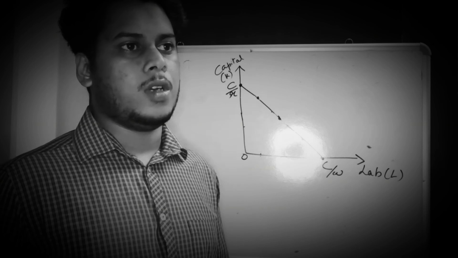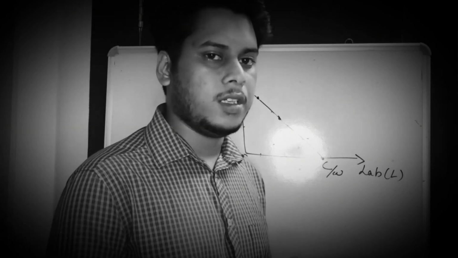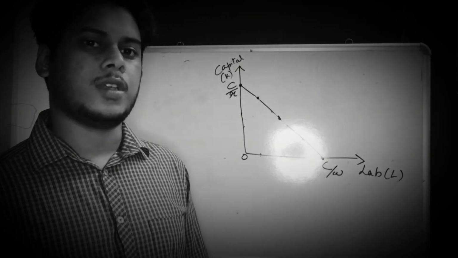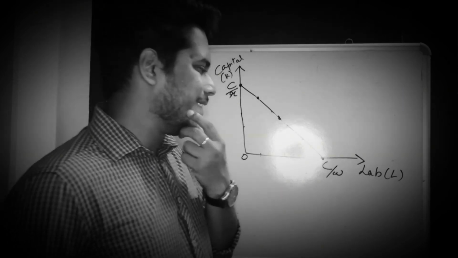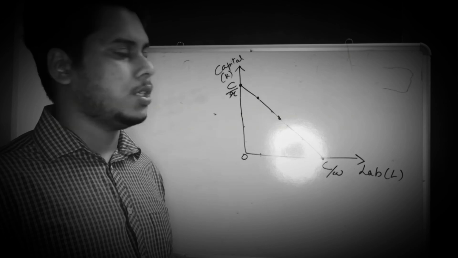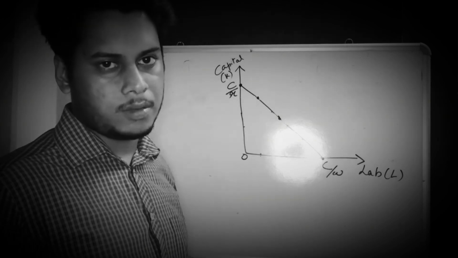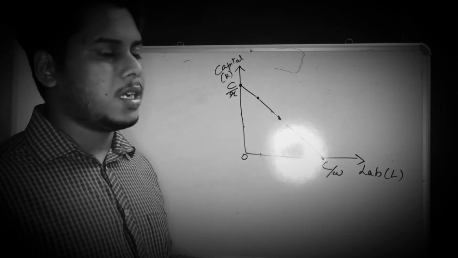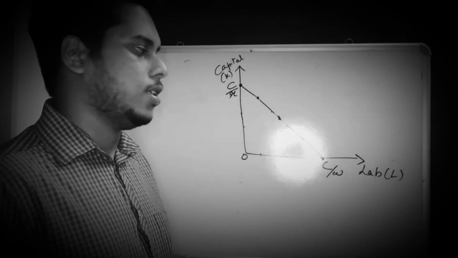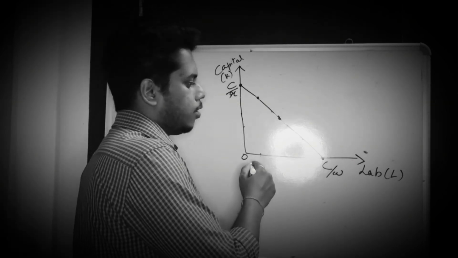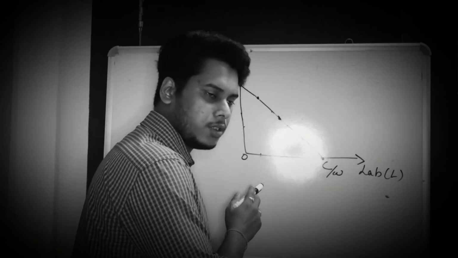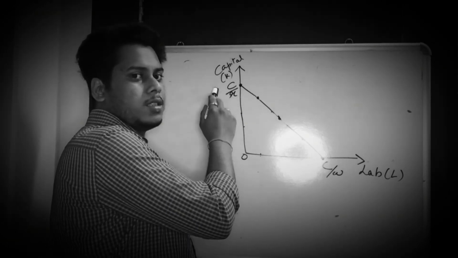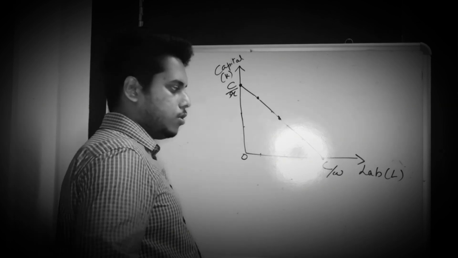If one unit of labor is increased, how much capital will decrease? In this curve we see that it is a negative sloping curve, and any negative sloping curve implies that if we increase one variable, the other variable is subject to change.